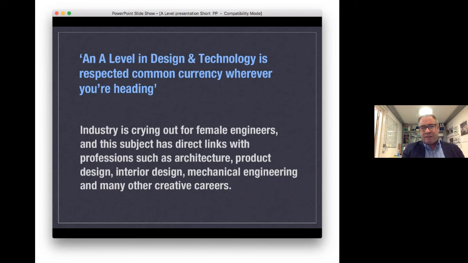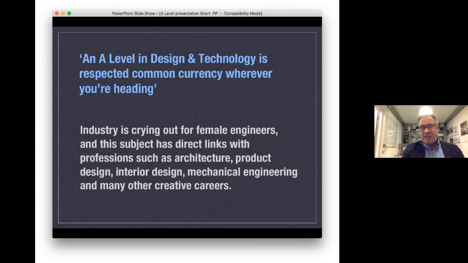A level is respected common currency wherever you're heading, apart from some of the obvious degrees like medicine, etc. So most universities will be very impressed by a design and technology A level and what it's given you.